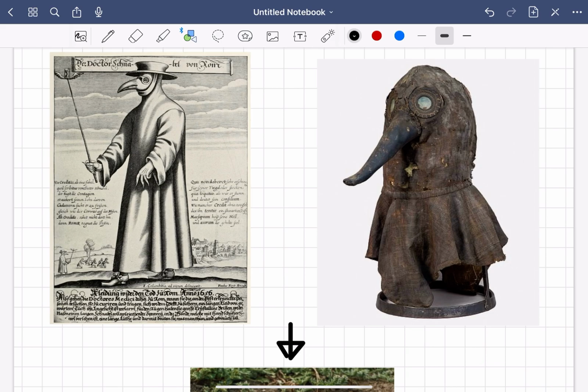As a result of these toxic poisonous airs or spirits, what they did was wear a sort of scary mask, and this mask was made in order to scare off the bad spirits. However, little did they know that it was actually protecting their face from contracting the actual disease.